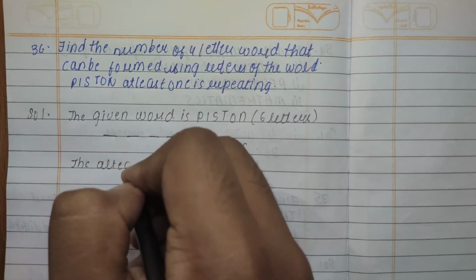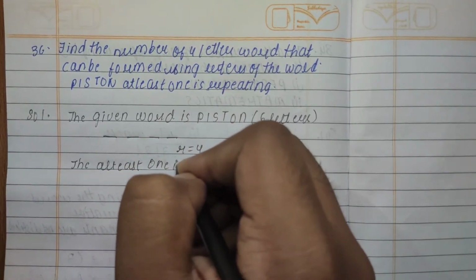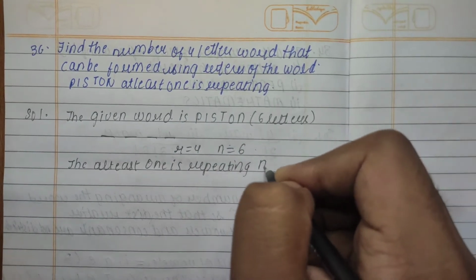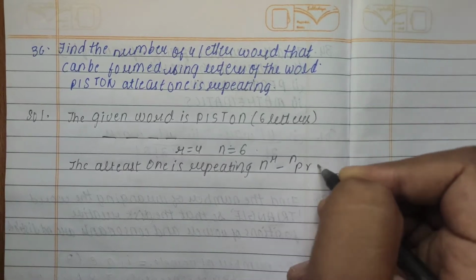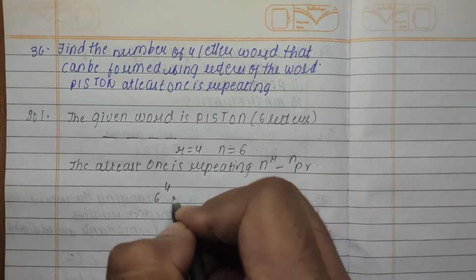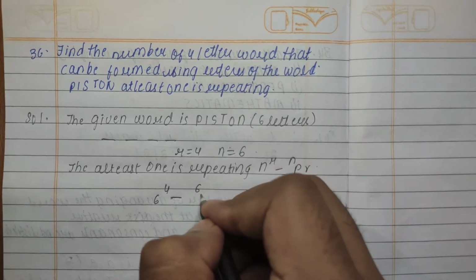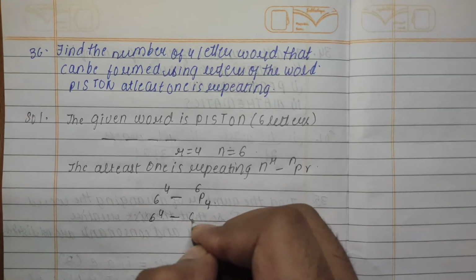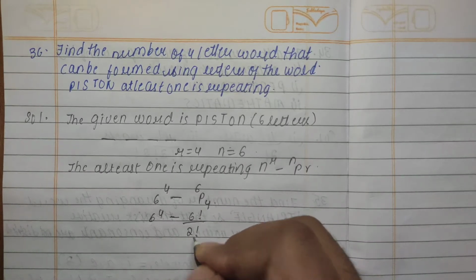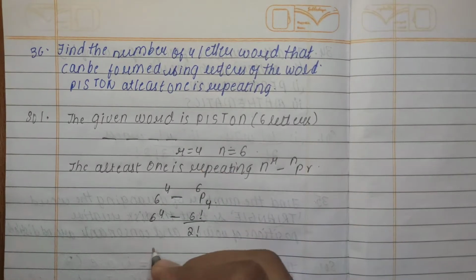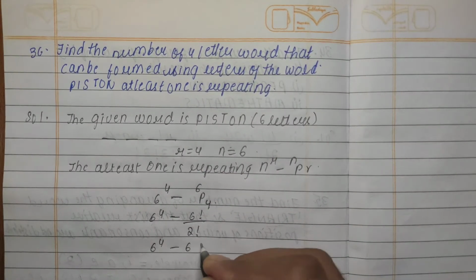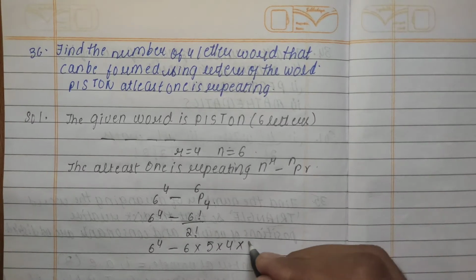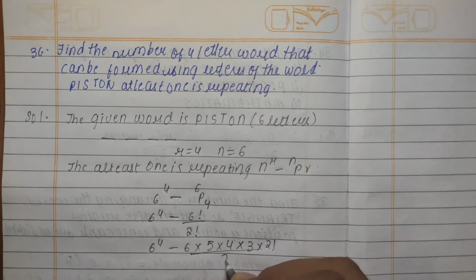The formula for at least one repeating is n^r minus nPr. So substitute: 6 power 4 minus 6 factorial by 2 factorial. 6 power 4 minus 6 into 5 into 4 into 3 into 2 factorial by 2 factorial.